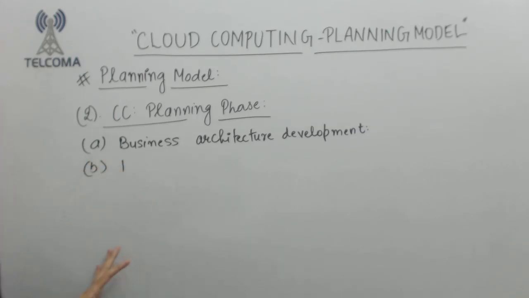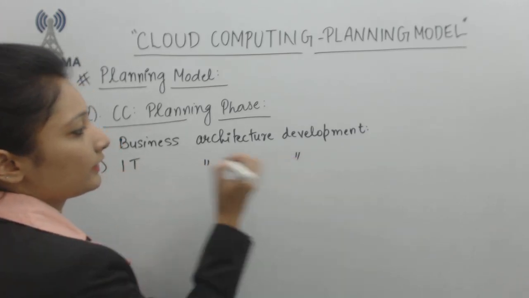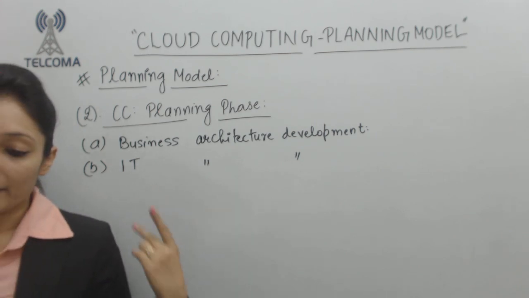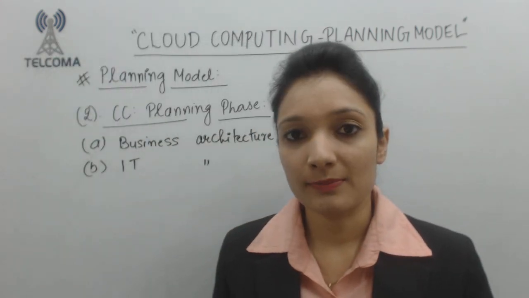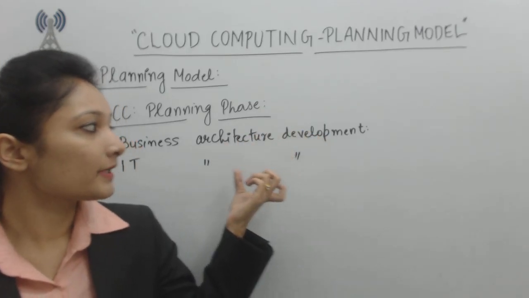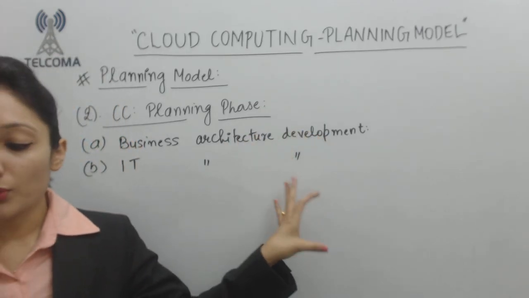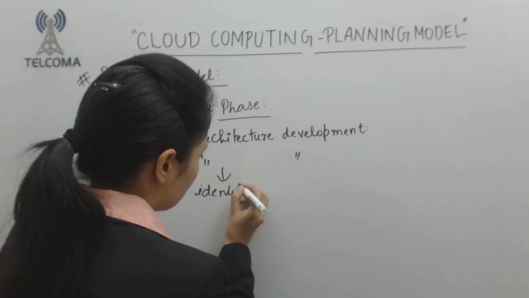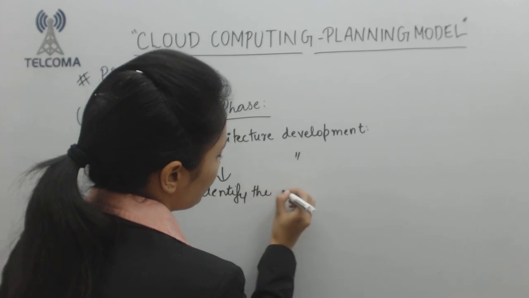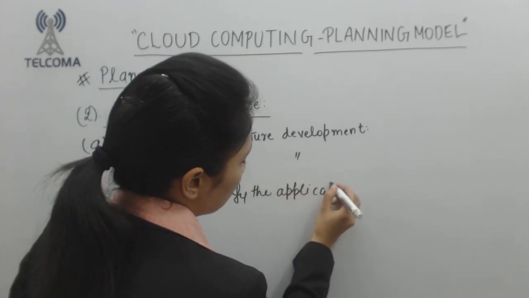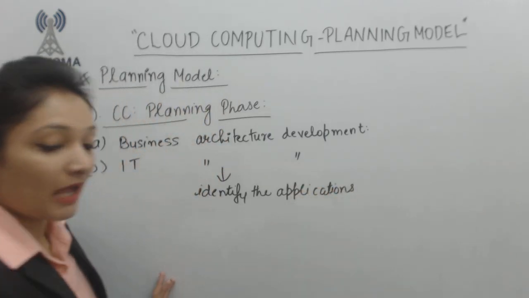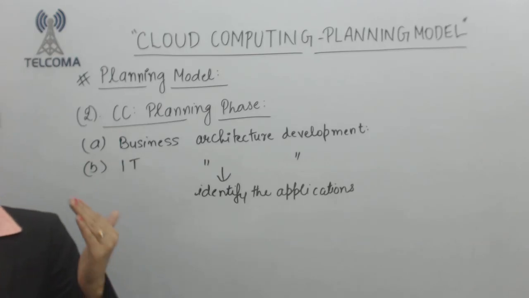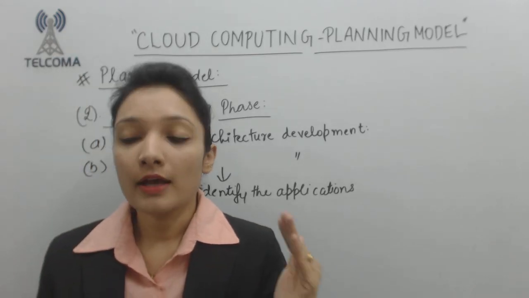Then you have the IT architecture development. In IT architecture development, we identify the applications that support the business process, because this is the deployment phase for the application. So here you have to identify the potential applications, the applications that support your business process, and the technologies which are required to support the application and the data system.